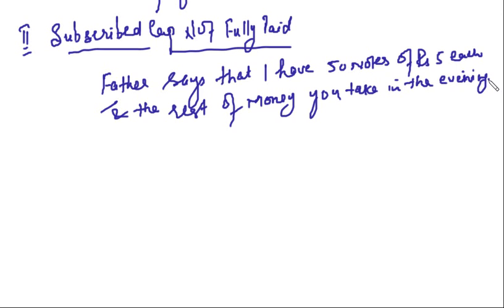Now what happened? You asked for 50 notes of rupees 10 each, but your father paid you 50 notes of rupees 5 each. That means 50 notes of rupees 5 are still pending. You asked for 500 rupees, but what is paid?